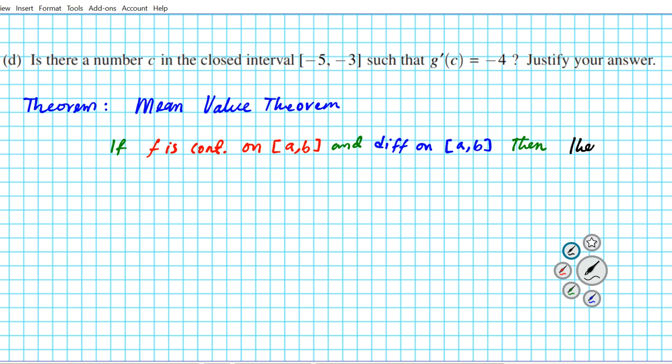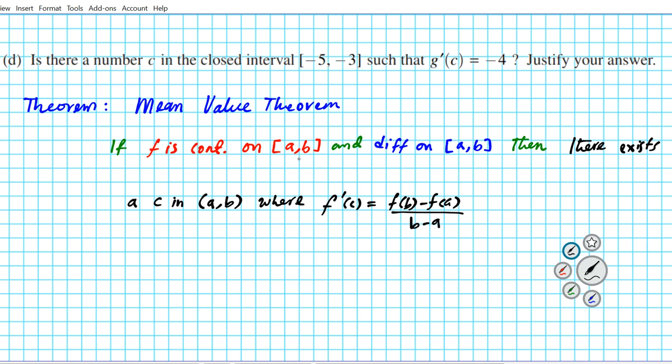There exists a C in the interval AB such that the slope of the tangent line f prime of C, like as you can see here, is equal to the slope of the secant line through AB, f of B minus f of A divided by B minus A. Okay, basically where the instantaneous rate of change is equal to the average rate of change.